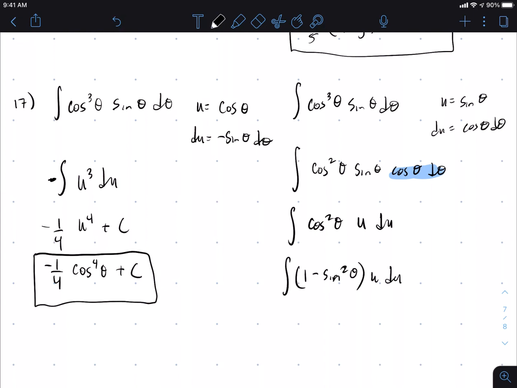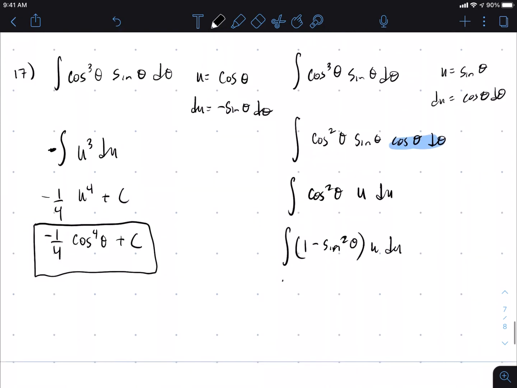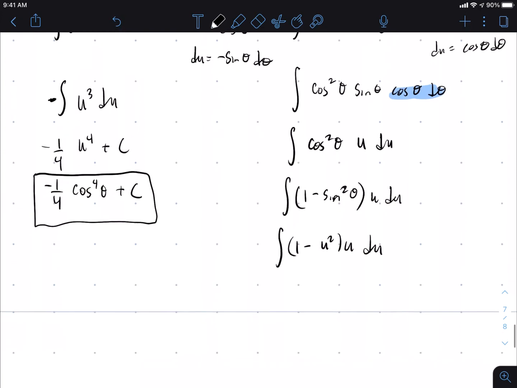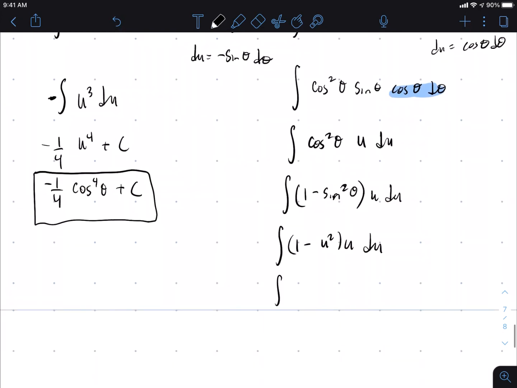But we said u was sine, correct? So I'm going to go 1 minus u squared u du. And can you see that this is a pain in the butt? Yeah, then it just kind of takes you back, right?